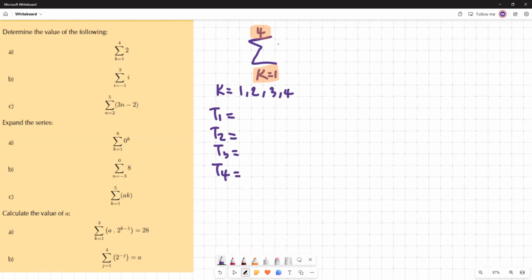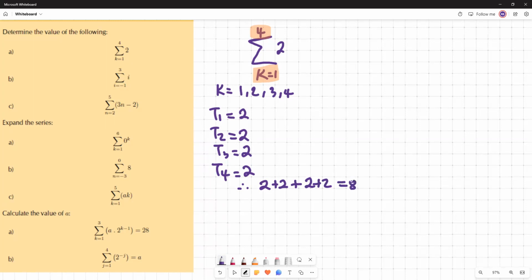So remember here there's a 2, ladies and gents. So there's no way to substitute k, you see? Because there's no k here. It means this pattern is a constant pattern. It's 2, 2, 2, 2, 2. So term 1 will be 2, term 2 will be 2, term 3 will be 2, term 4 will be 2. Therefore, it's going to be 2 plus 2 plus 2 plus 2, which is 8.